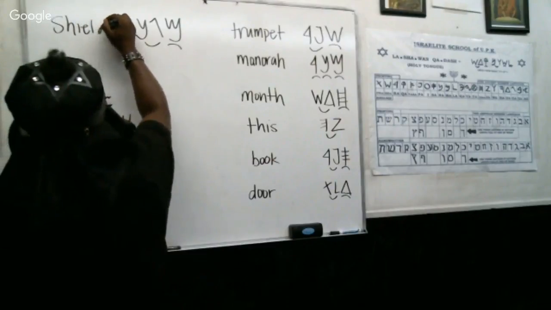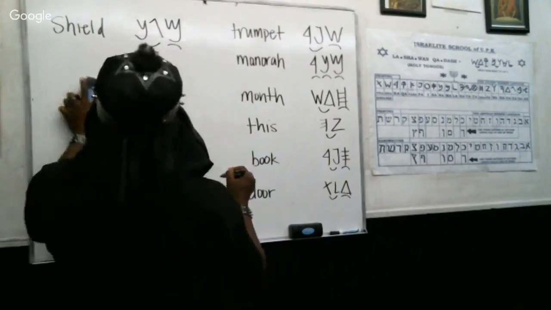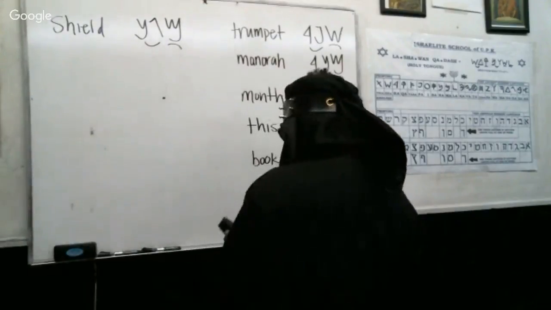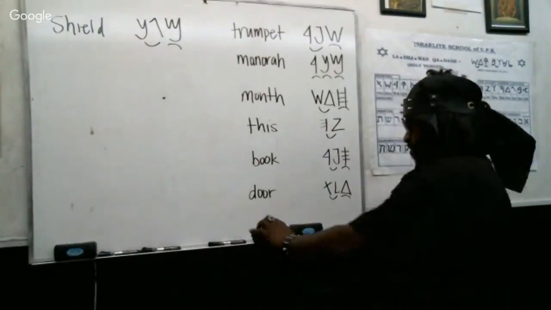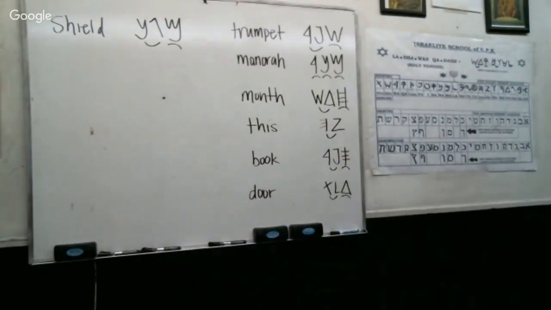Now, if y'all can get these down, I'm gonna have the brother post up here the numbers from 1 to 10. So if y'all can hurry up and get this down, give them a hand. Okay, all right.